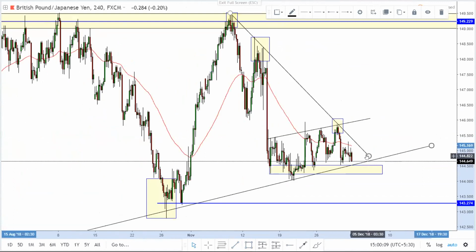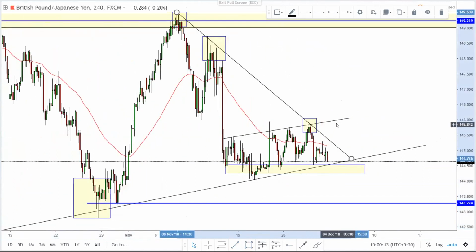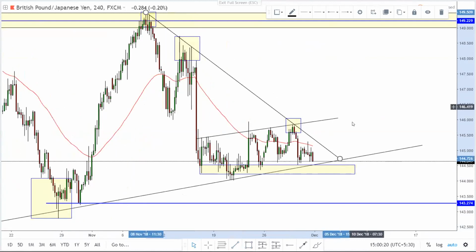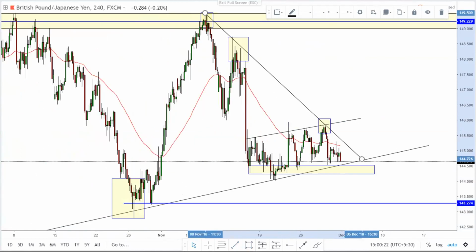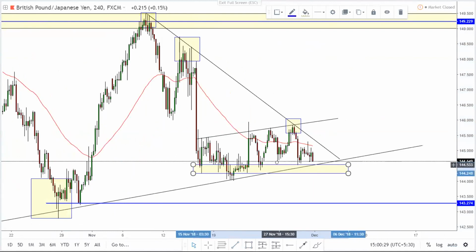Our price could also bounce from this region and break to the upside. If PM May gets the deal, then the pound is going to go bullish. They're going to be hearing in the parliament on the 11th of December, so we have to keep an eye on that thing.